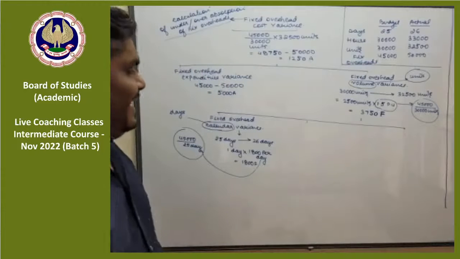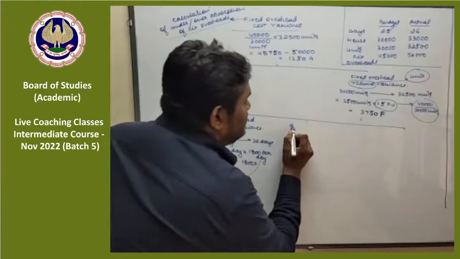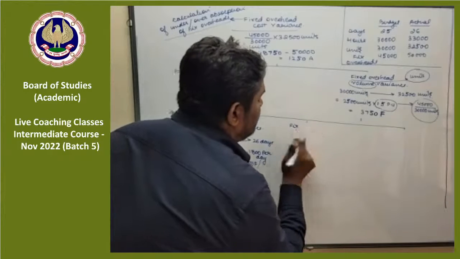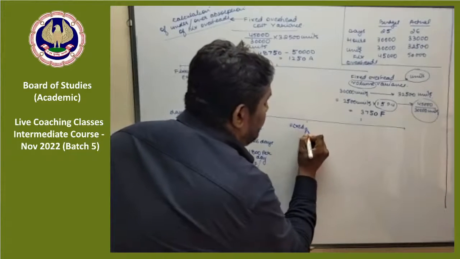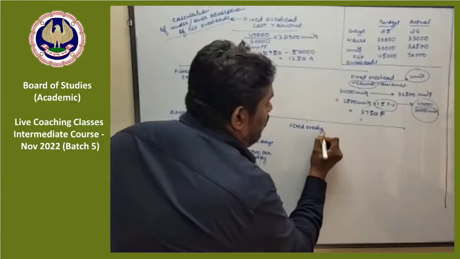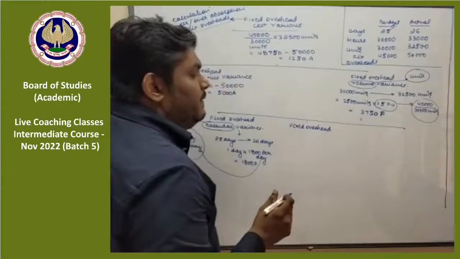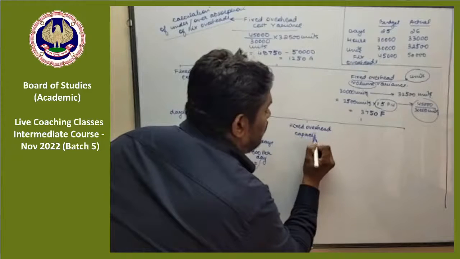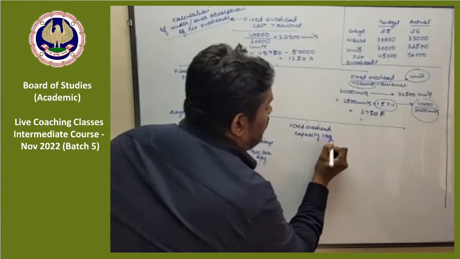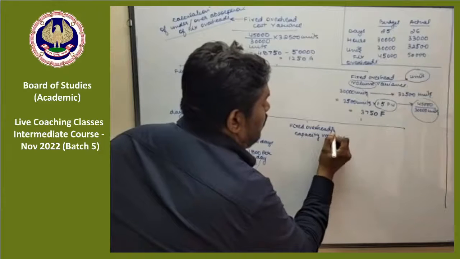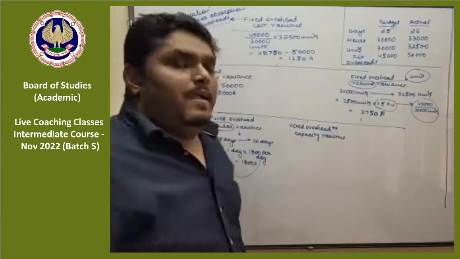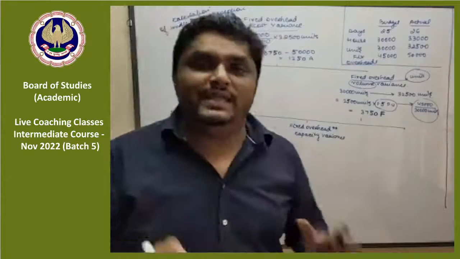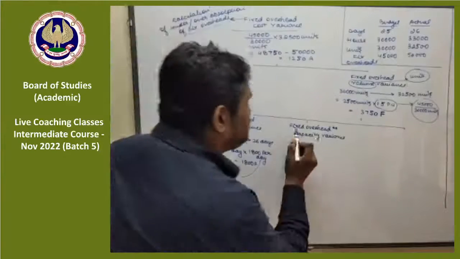Now one more variance, that is fixed overhead capacity variance. Most of the students find difficulty in capacity variance. Very simple, guys.